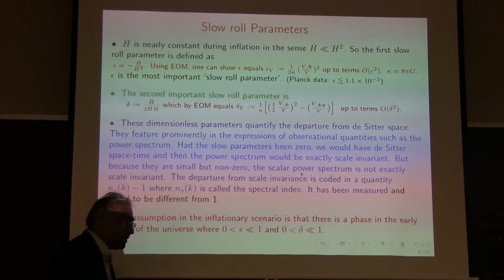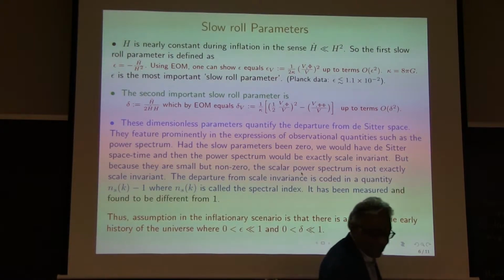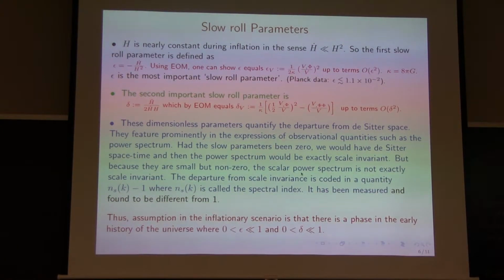Now for the longest time, the question was really, what is the big deal about inflation? Because very general considerations tell you that the power spectrum is scale invariant. I'm going to explain what that means in a minute. If the power spectrum is scale invariant, the power is the same at all scales. So there were questions about whether inflation is necessary.